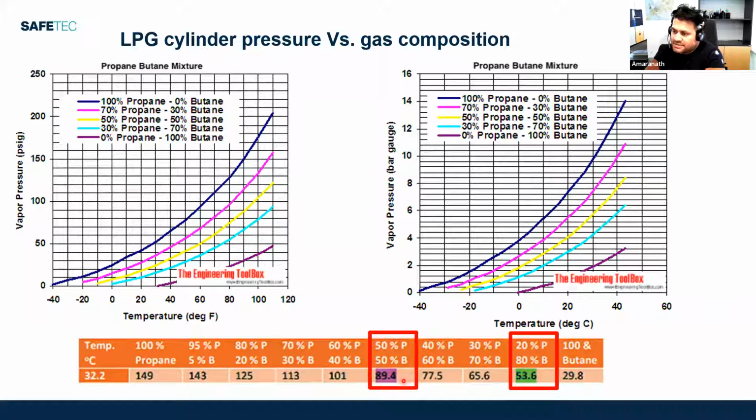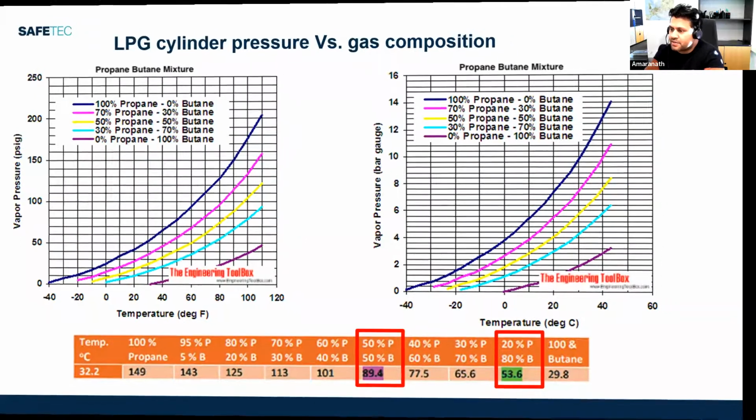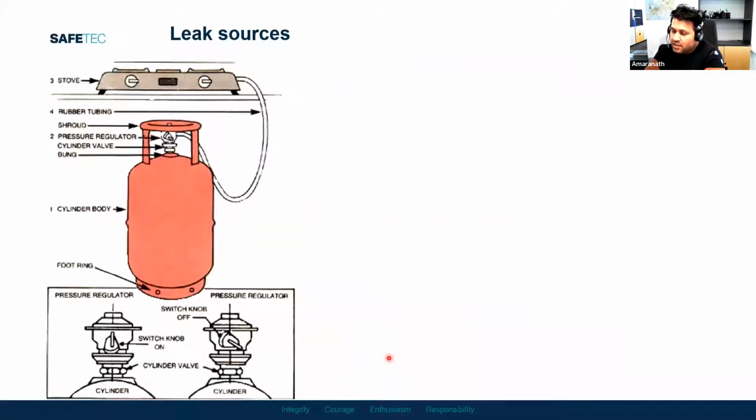But all the other appliances, I mean the valves, regulators, hoses, and cooker, are designed for a pressure which is significantly lower than the new pressure with the higher concentration of propane. So that's what happened, and it gives a lot of leak sources, because this is the normal sketch of the gas fired cooking stove.